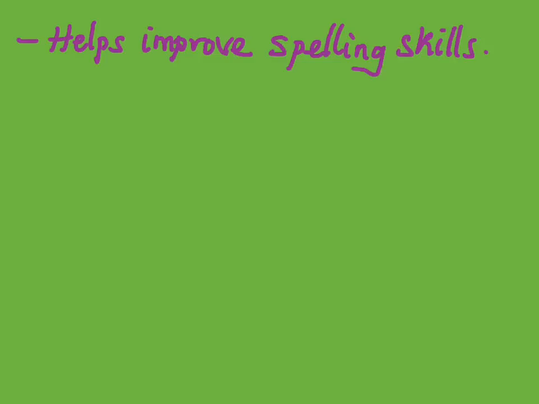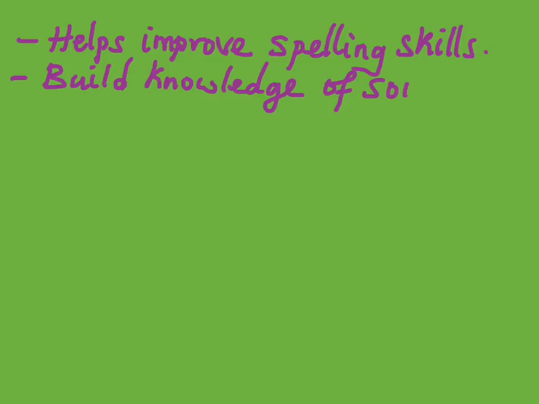A study of syllabification helps us to improve our spelling skills. When you know how to spell words well, you will obviously know how to pronounce them. And moreover, you will want to always tell the number of sound segments or syllables that make up a word.